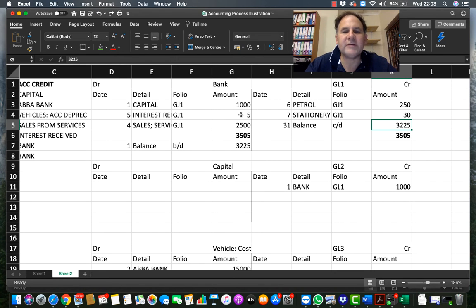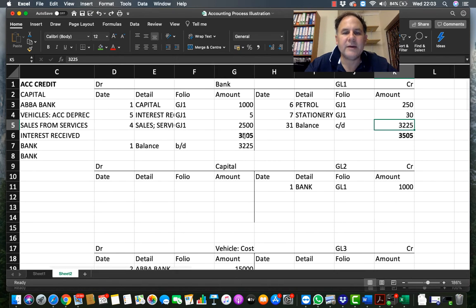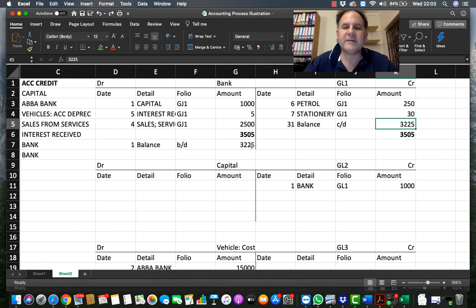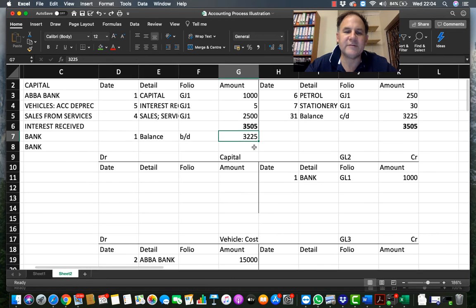That means it has a debit balance. Now it's an asset with a debit balance. It means it's a favorable balance. It's money that we have at the bank. So that's what we start the next month with, 3,225. That's the opening balance for the next month.